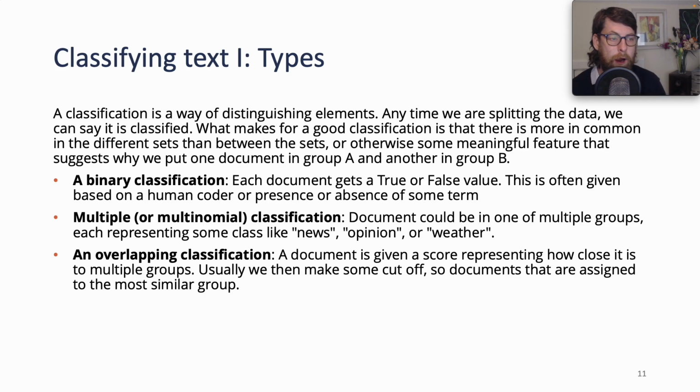So we might give our multinomial classification a score out of 1 for how much it's like news, how much it's like opinion, and how much it's like weather. That being said, it's very conventional to then find a cut point within that overlapping distribution. We just pick one side, and you're going to be on this side or that side, depending on where you fall in this distribution.